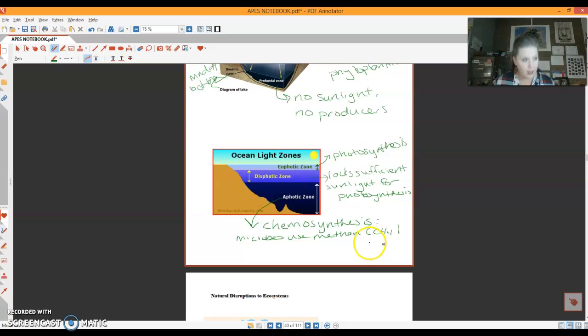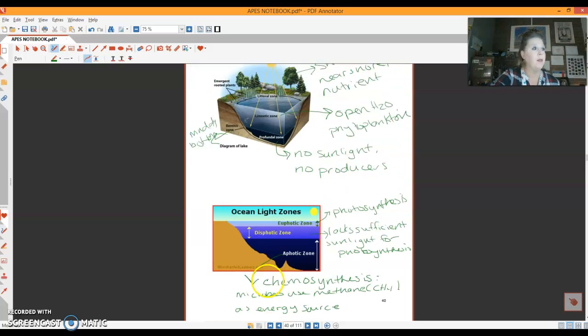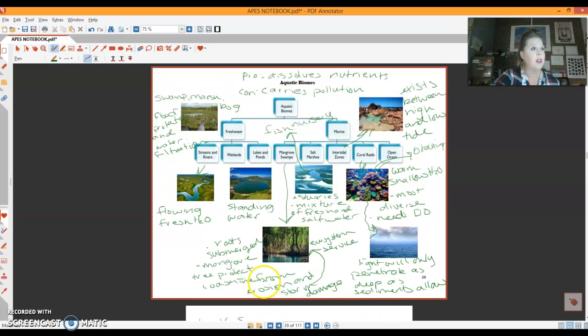They use methane as its energy source. So you can see these organisms have to have alternative ways to produce energy if sunlight isn't available.